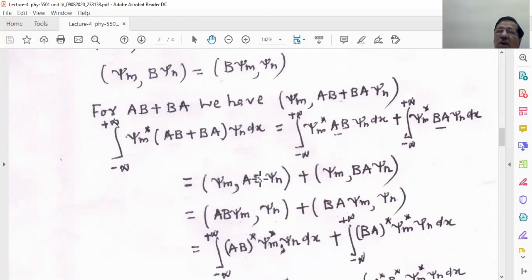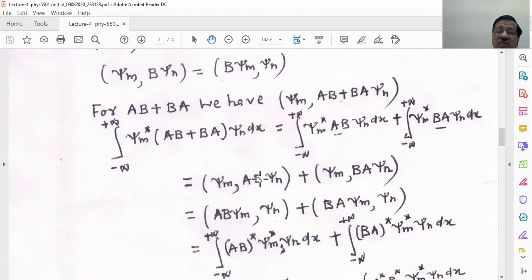If operator A commutes with B, then the commutator of A with B should be equal to 0, which I explained in my previous lecture.